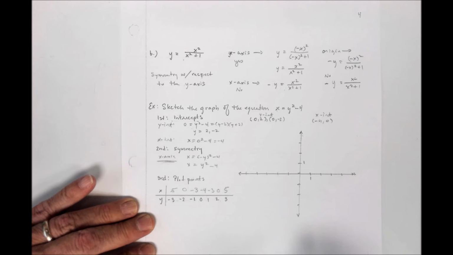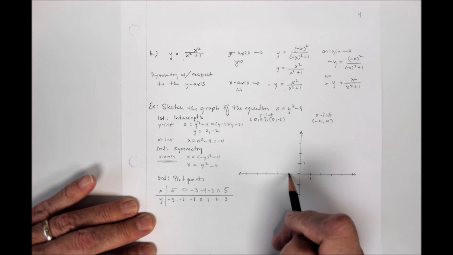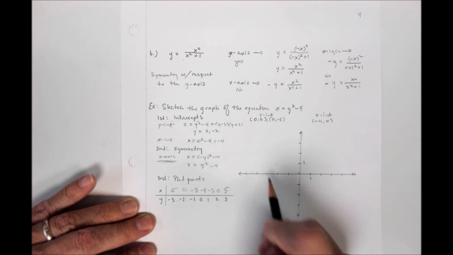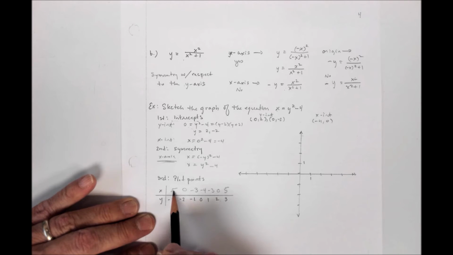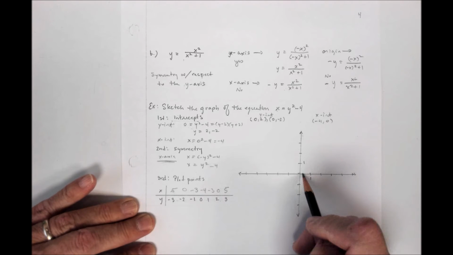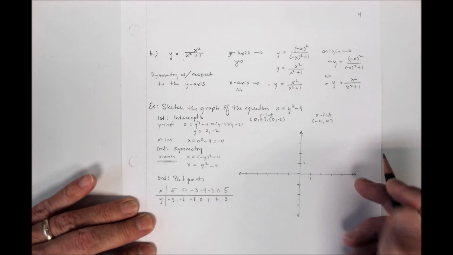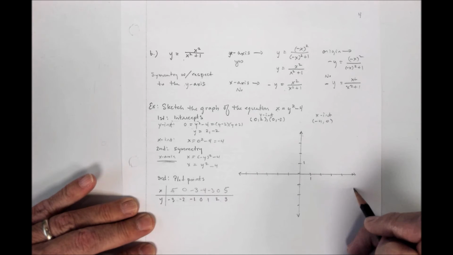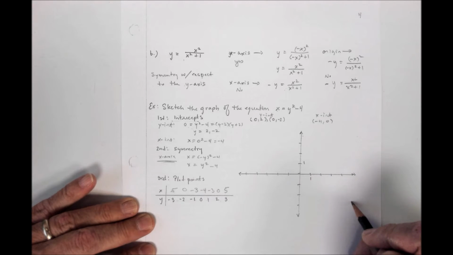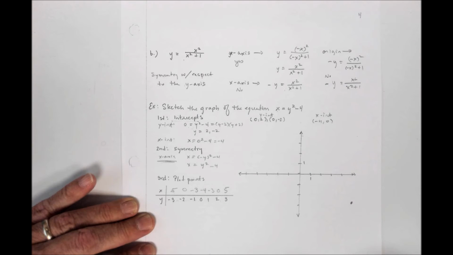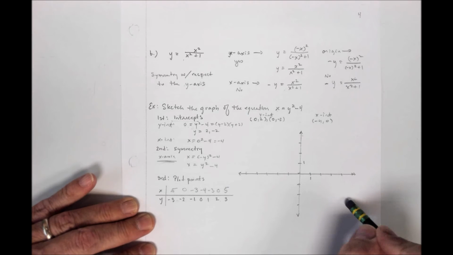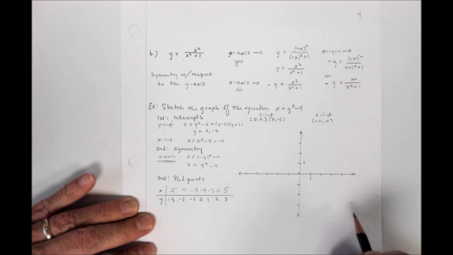So I plot the points. Positive 5, negative 3, over 5 and down 3. Okay, let's see if that's lined up. Let's make that a little bit lower. There we go.